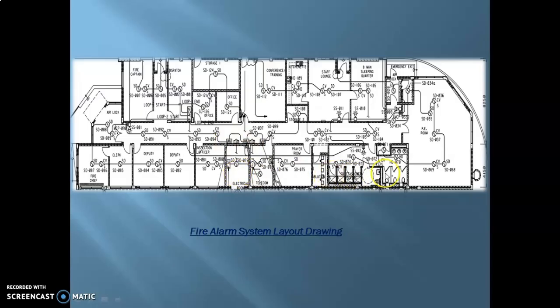You have a set of monitor modules and other control modules, etc., shown over here. And then you can see the notification appliances here. Then you have the MPS, the manual pull station. Like I said, this is one of the doors, and it's right next to the door along with the notification appliance.